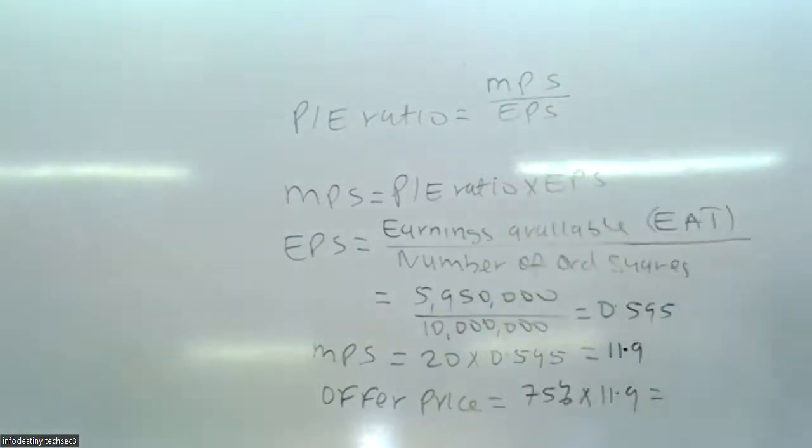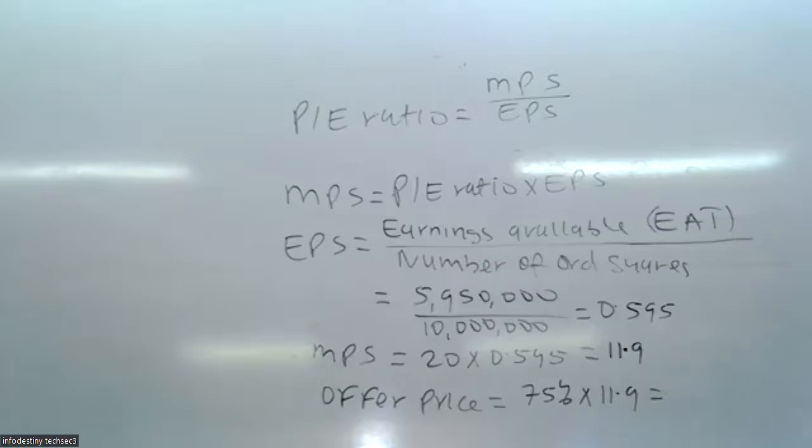A discount is a reduction in the price. They have reduced it by 25%. That means you get 75% of the 11.9.